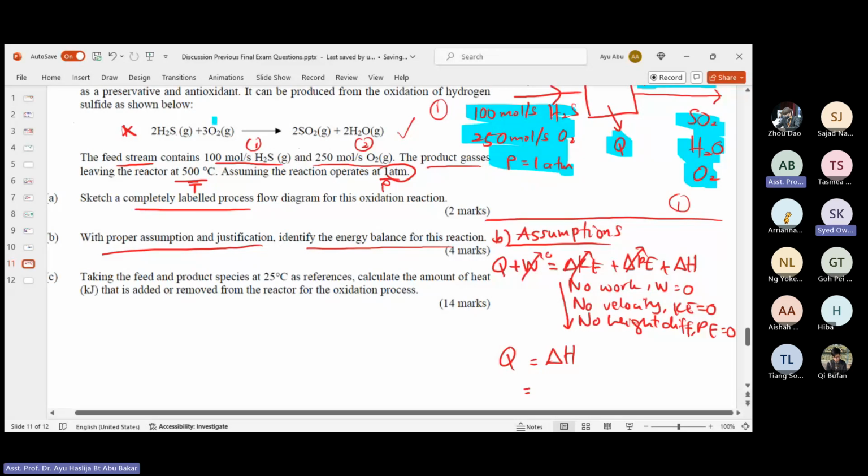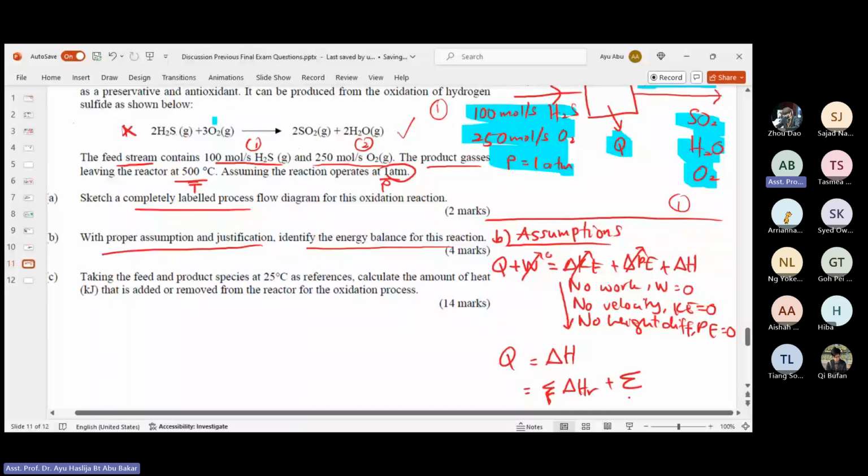Extent of reaction multiplied by heat of reaction. Heat of reaction, yes.